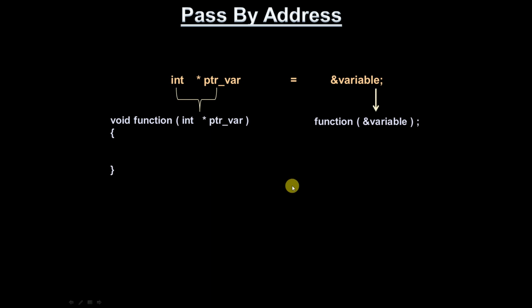One more point you have to remember: when we are using pointer variables with pass by address, there is a chance of accidentally modifying the original values. If you want to avoid such corruption, you can make these pointer variables constant.